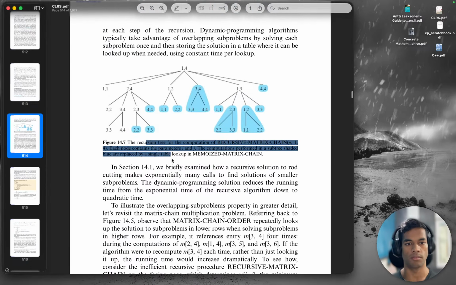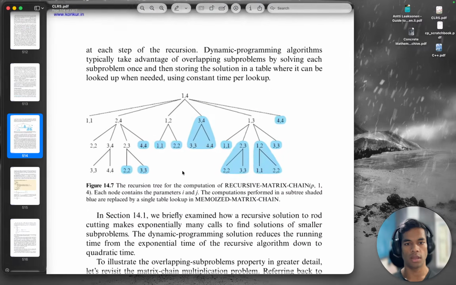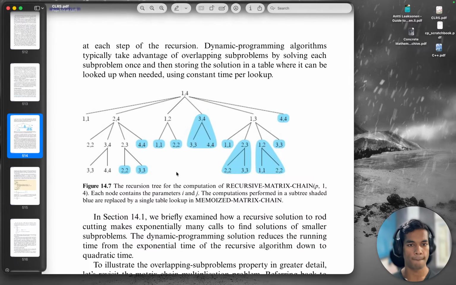This one, yeah, this is the recurrence tree that will be produced, and here we are solving for 2,2, and we are again solving for 2,2 here. For 2,4 we have 2,4 here, and then yep, we have 2,4 here, we have 3,4 here. This is copied. We are solving for 4,4 again.